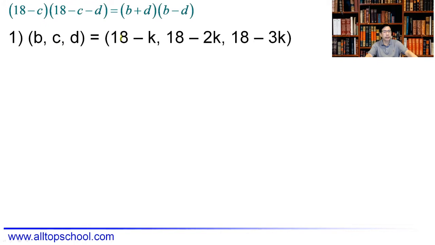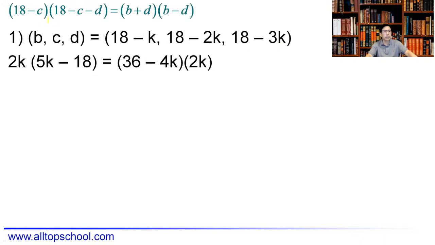So B, C, D, let's say they're gonna be equal to 18 minus K, 18 minus 2K, 18 minus 3K in this order. So we're gonna plug in 18 minus C, C is the middle one. So that means this will be 2K. And then the second one, 18 minus C plus D. C plus D basically is gonna be 36 minus 5K.